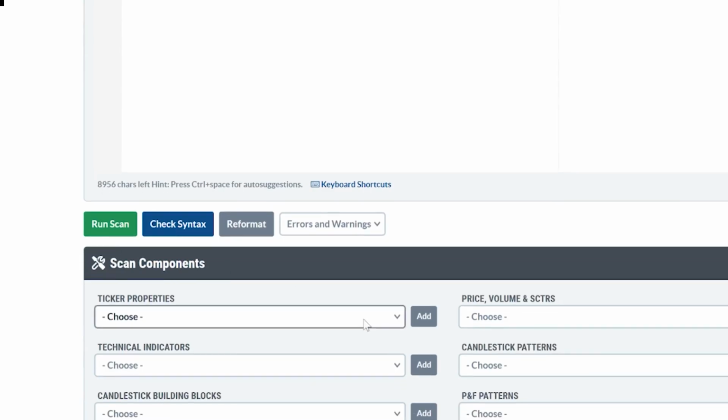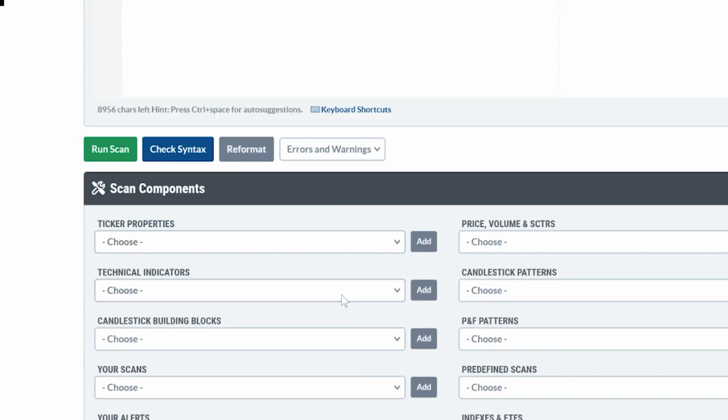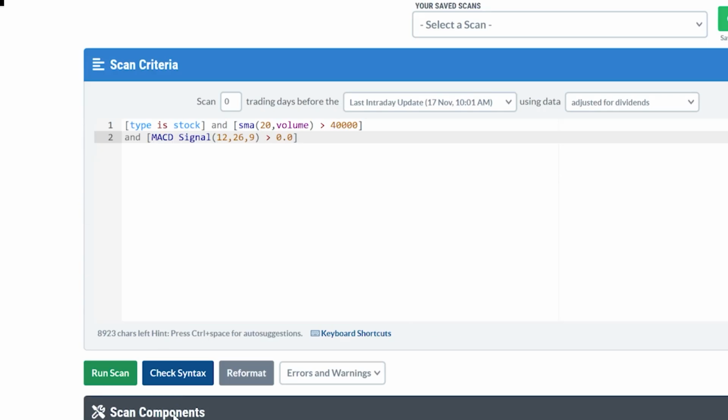There's kind of a cheat sheet here. For example, if you want to add a filter based on a specific technical indicator like MACD signal, you can pick that from the drop down there and add it, and it will set up a default filter for you. But then you have to go into the code and actually customize that to your needs.